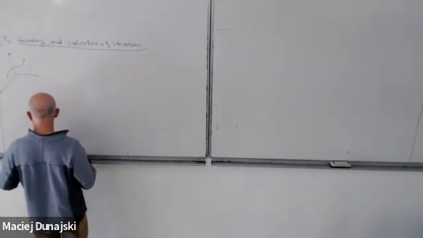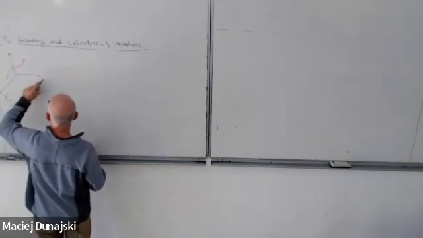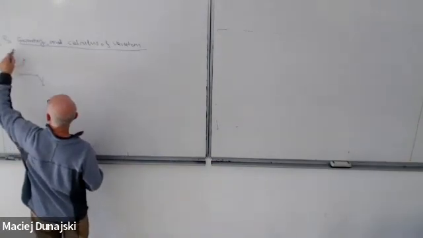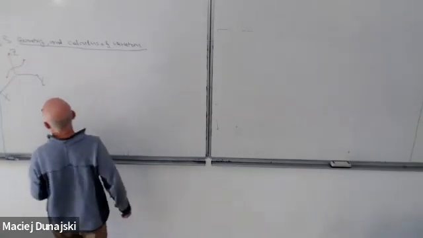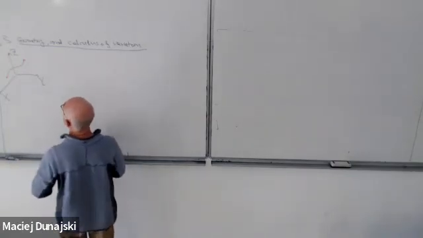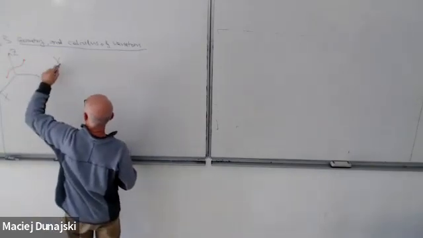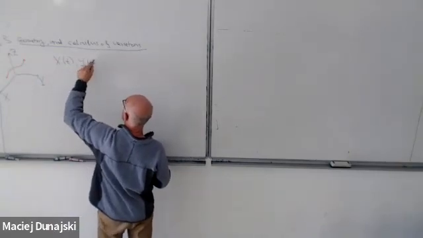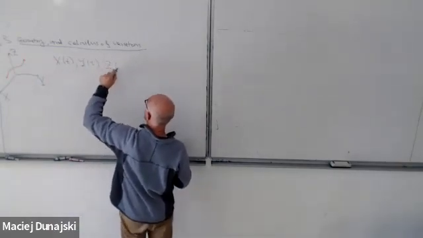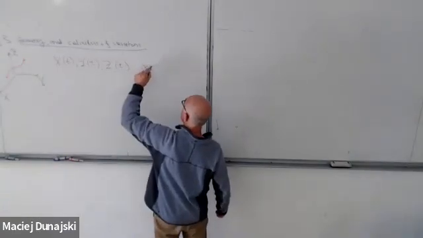Let's denote the coordinates in our frame by capital X, capital Y, and capital Z. Along the curve, capital X depends on t, capital Y depends on t, and capital Z also depends on t. So it's a parametrized curve.